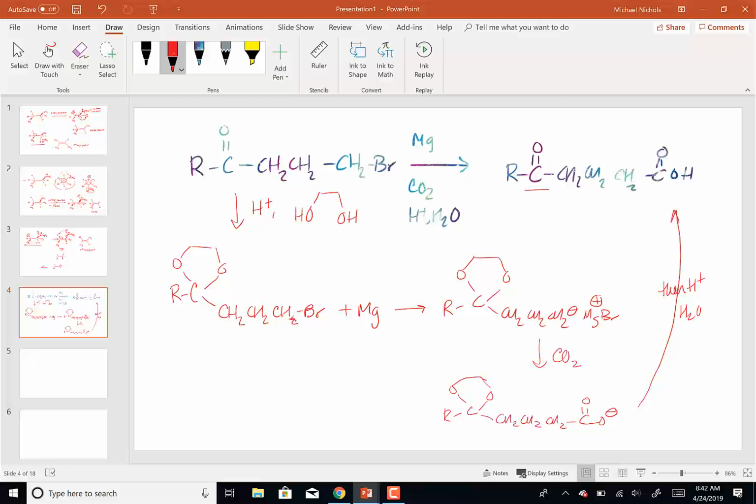But at this point, what I hope you see is that it's kind of the same steps over and over again. Forward or backwards. What else?